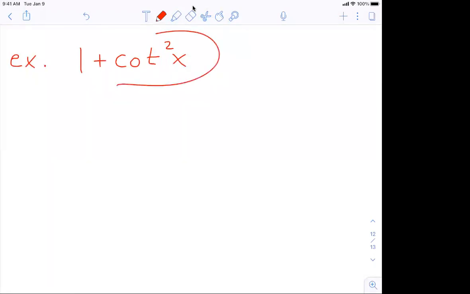So I know that the cotangent is the tangent flipped over. So if tangent is sine over cosine, cotangent is cosine over sine. And so I could write that as cosine squared x over sine squared x.